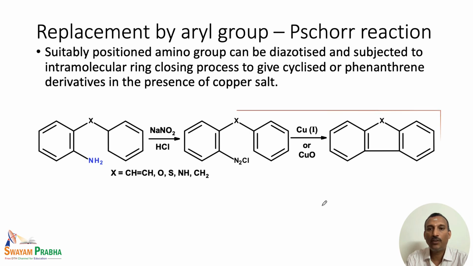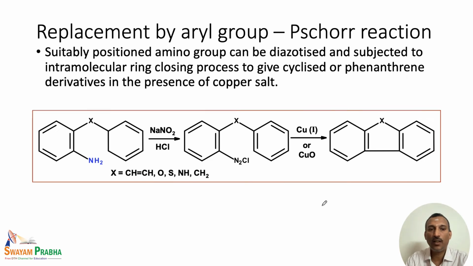The next one is the Schar reaction. So, in this reaction, rather than forming biaryl type systems, what we have is cyclization, where we are actually forming another ring. So, this is an example of a ring closing process.